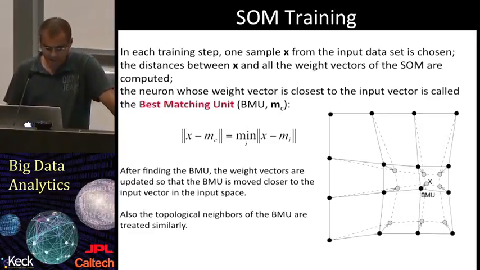Then, after finding the best matching unit, the weight vectors are updated so that the best matching unit is moved closer to the input in the vector space, as shown in this figure, where you can see that the BMU and also its topological neighbors are all moved towards the sample vector X.